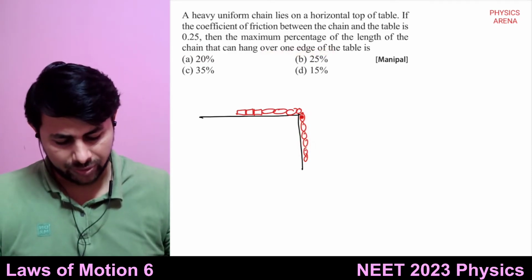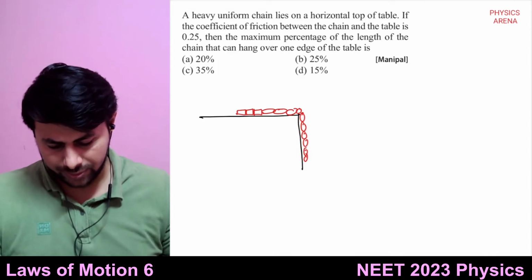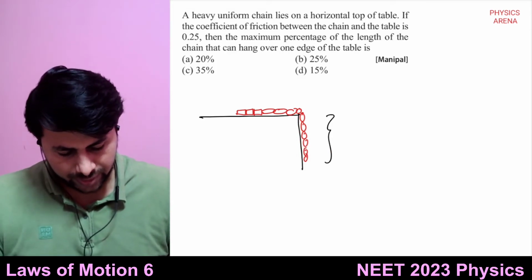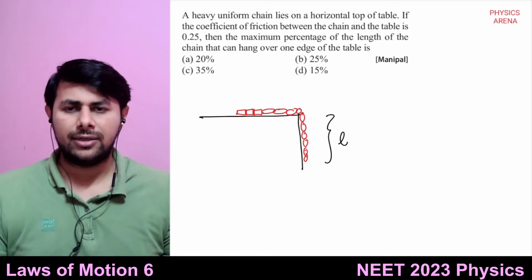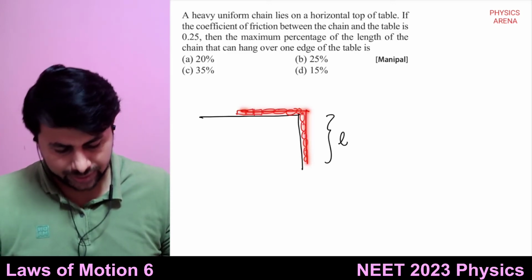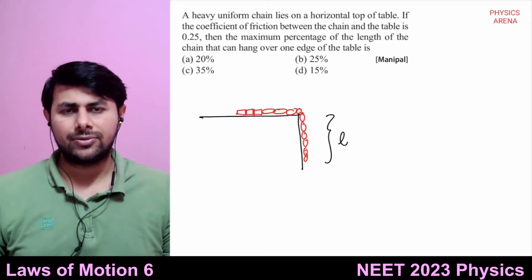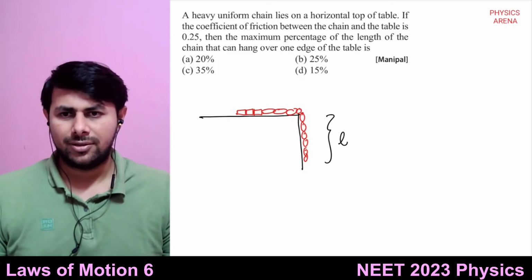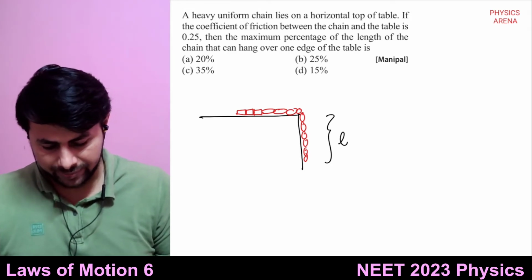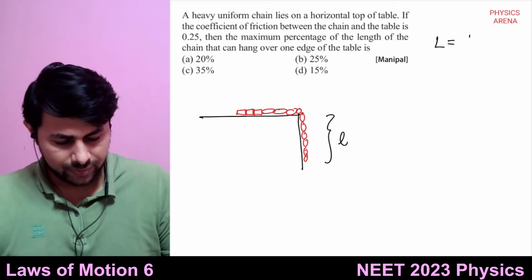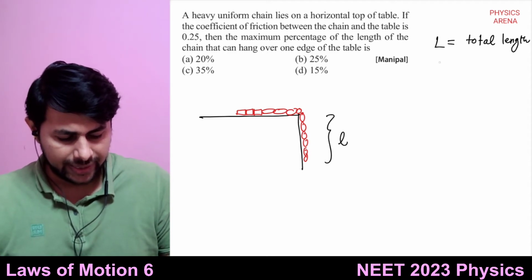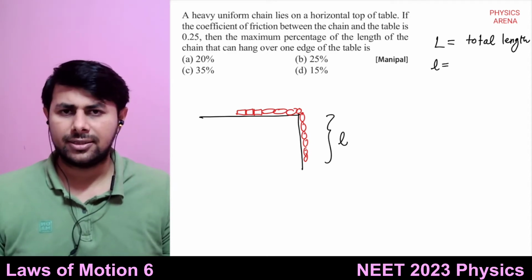So let's suppose the total length of this chain is capital L, and the length that hangs is small l.